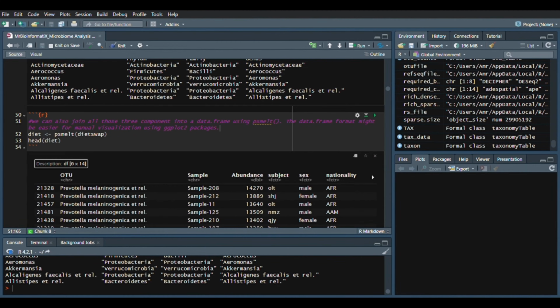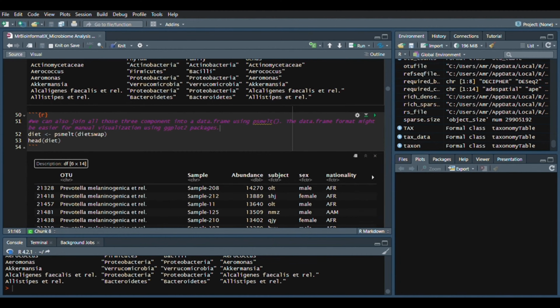And thirdly, tidy data is more compatible with visualization tools like ggplot2, resulting in clearer plots for displaying microbial abundance across samples. Finally, melted data retains essential sample information, such as sex, nationality, and health status.